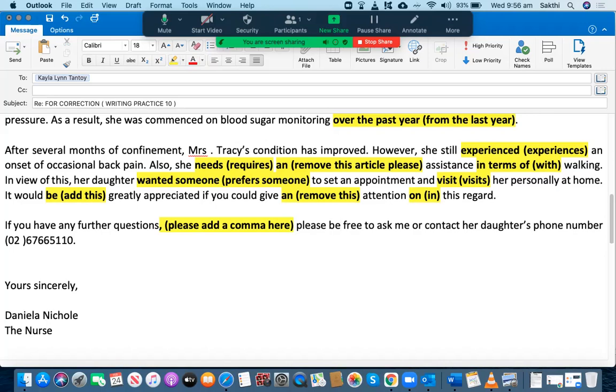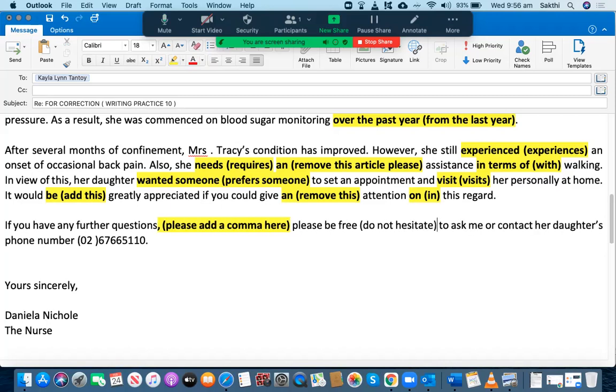Please be free to, okay, please do not hesitate to. Instead of writing be free to, you can say do not hesitate to ask me or contact her daughter's phone number at, and this is okay, phone number, that must be this gap.